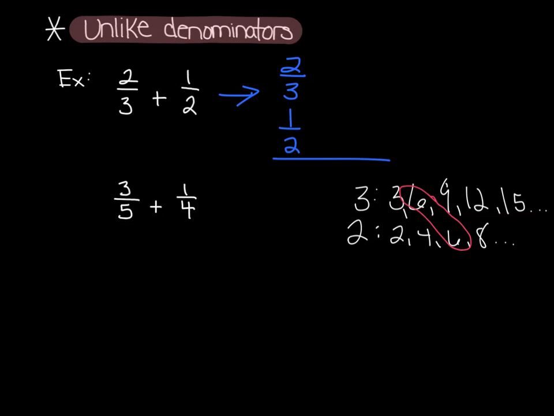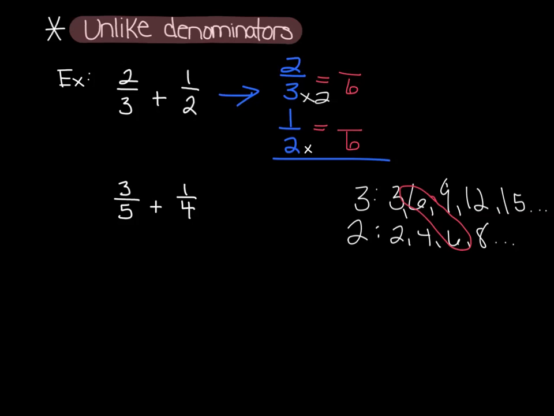Okay, if we set up our new fraction now with that multiple as our new denominator, we're almost done. Let's look at this 3 here. In order to find this number up here, we need to ask ourselves, how do we get from 3 to 6? Well, we can multiply by 2. Same thing down here. How do we get from 2 to 6?